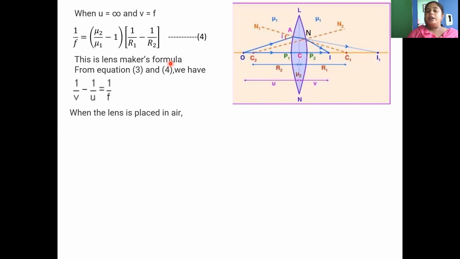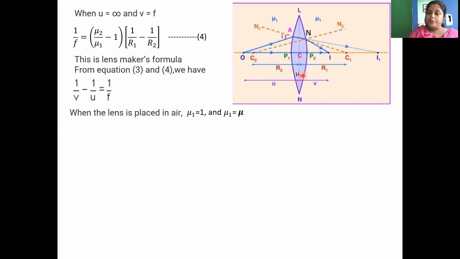Now, another assumption is there. If your lens is placed in air, that is, if the refracting medium of refractive index mu1 is air, that means mu1 can be equal to 1. We know that the refractive index of air is 1. So mu1 equal to 1, and we can write mu2 equal to mu.